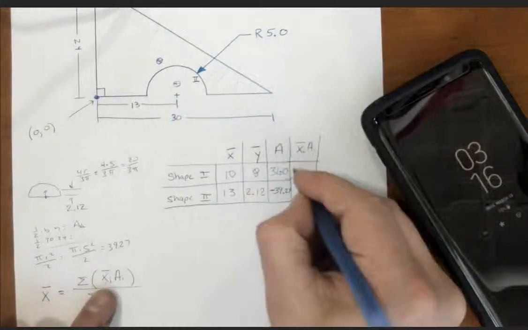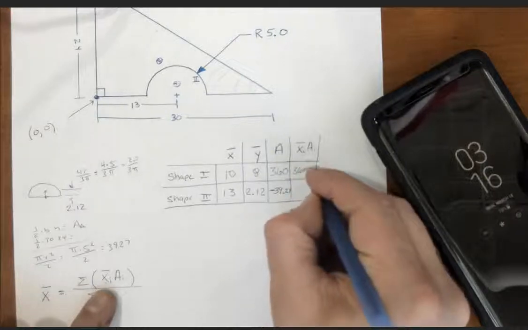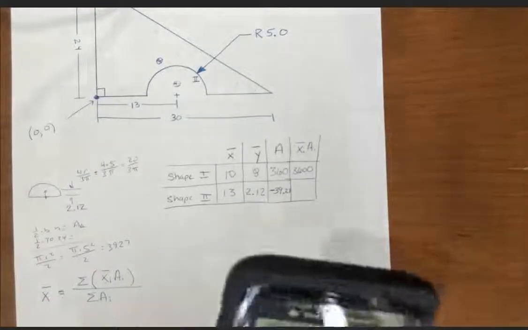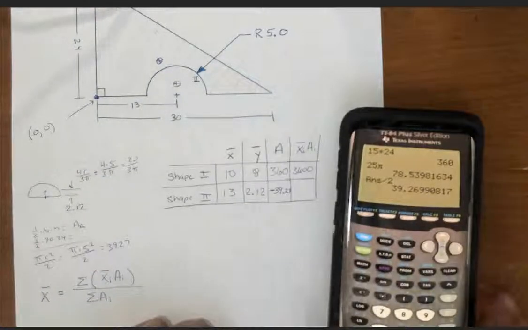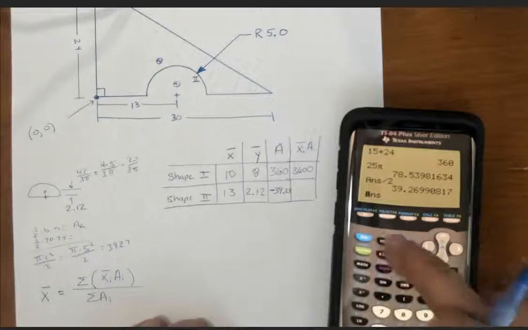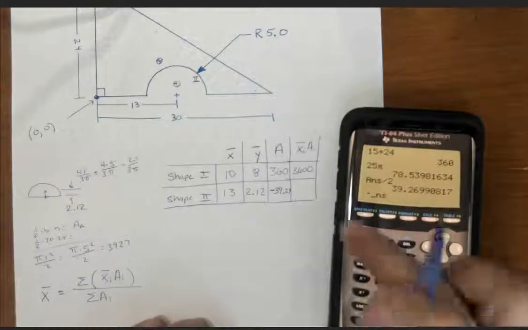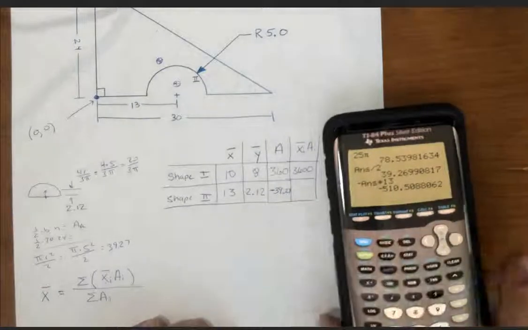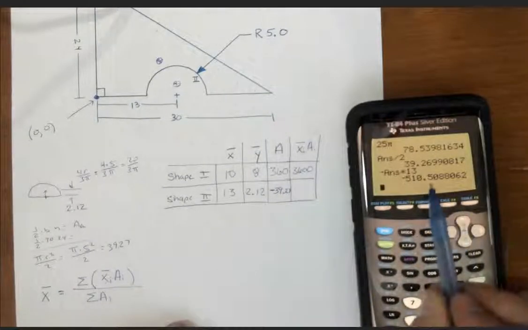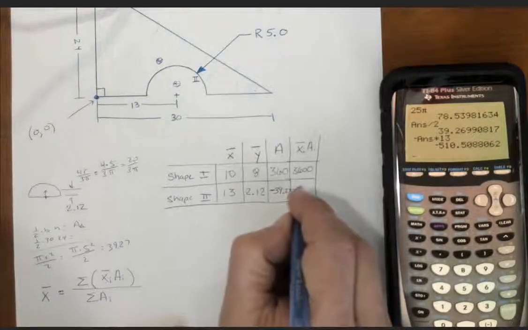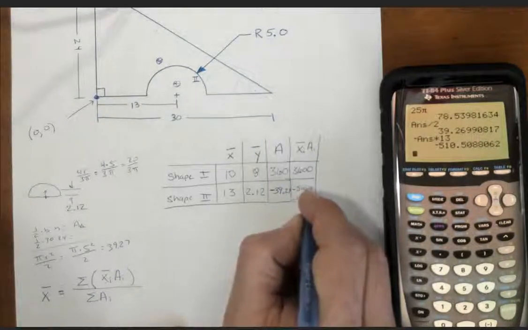So 10 times 360 is 3,600. And then 13 times this would be the other one. I'm going to use my calculator here, and I'm going to use a negative, so negative answer, it'll copy that exact value, times 13. So I have negative 510.51.